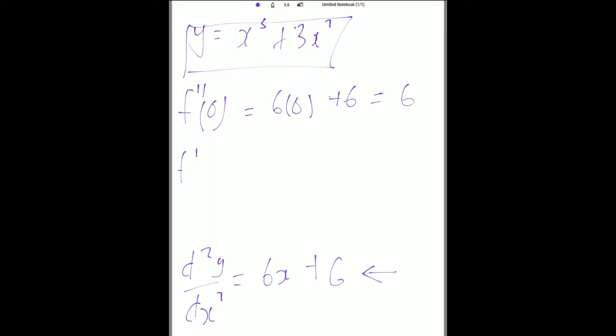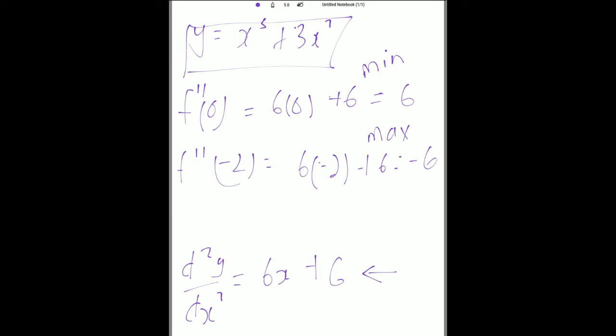At x equals negative 2, we would have 6 times negative 2 plus 6, which would be equal to negative 12 plus 6, which is equal to negative 6. So that implies to us that x equals 0 is a minimum and x equals negative 2 is a maximum. So we have come to find the minimum and the maximum values of this function.